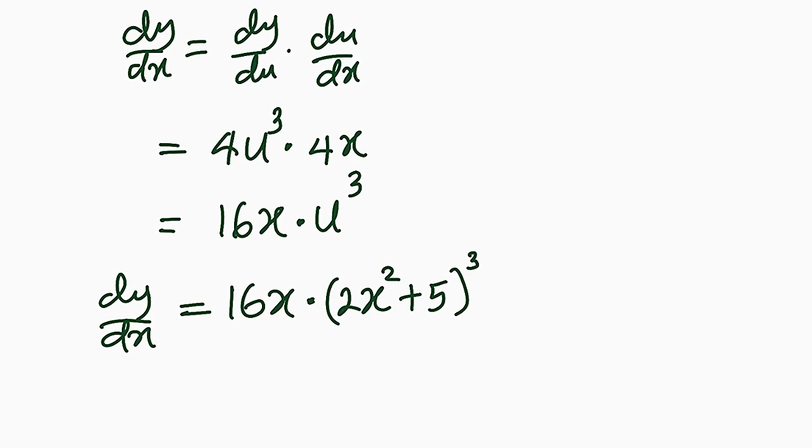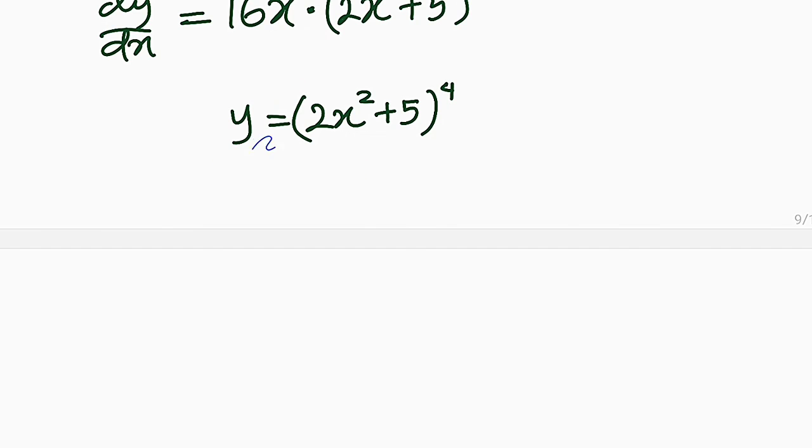But let me show you the shortcut. If you have y equal to this and you wish to differentiate it, just take this power, drop it down. We have 4. Repeat this one, 2x squared plus 5 to the power of 4 minus 1, which is 3. Then you multiply by the derivative of what is inside. If you differentiate this one, 2 will drop down to multiply 2.